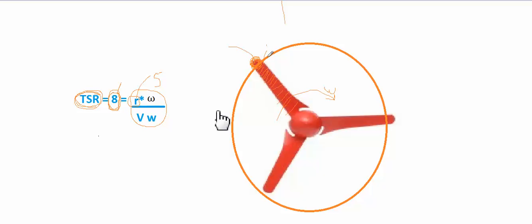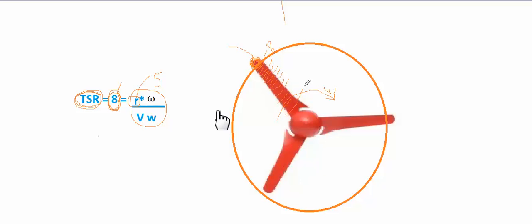This is element 1, this is second, third, fourth, fifth, sixth, seventh, eighth, and so on. And let this be the 20th element. Now, if this element is experiencing a tip speed ratio of 8, what would be the tip speed ratio of the first element?